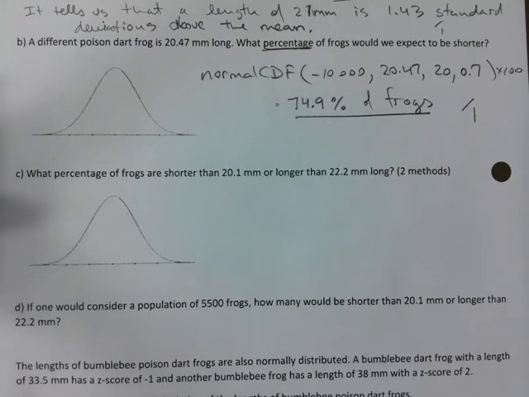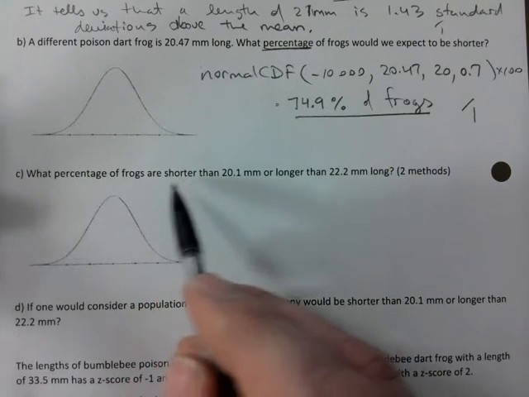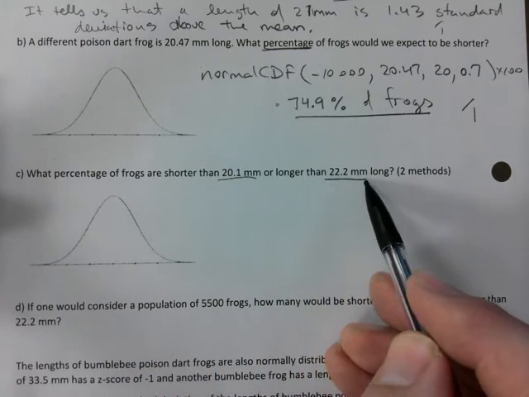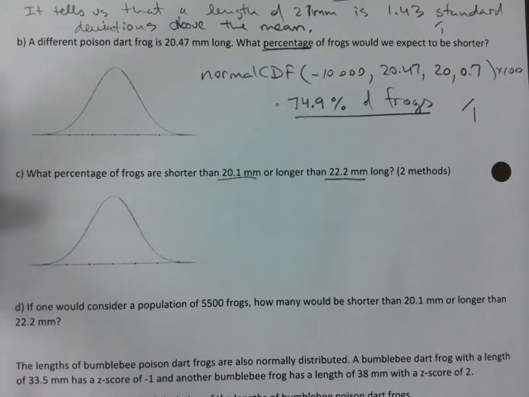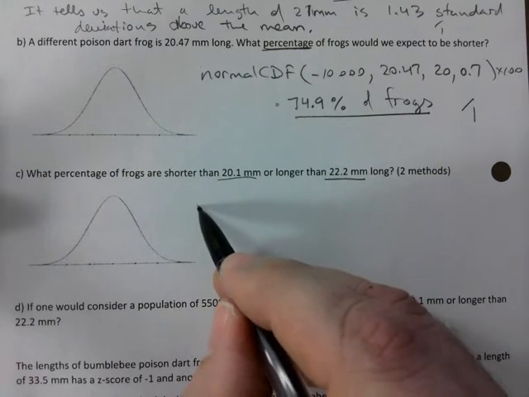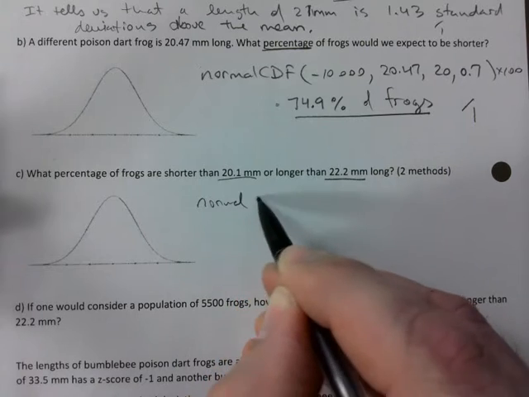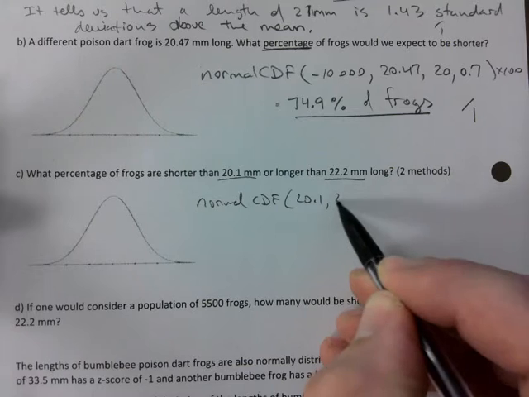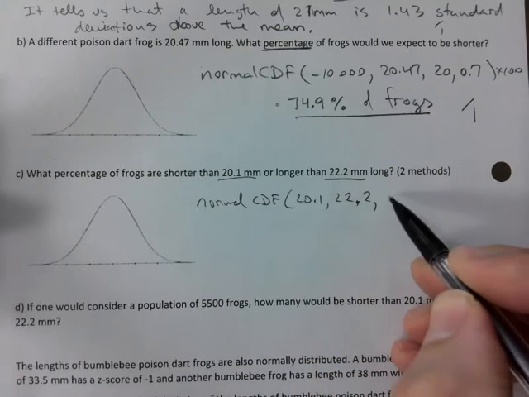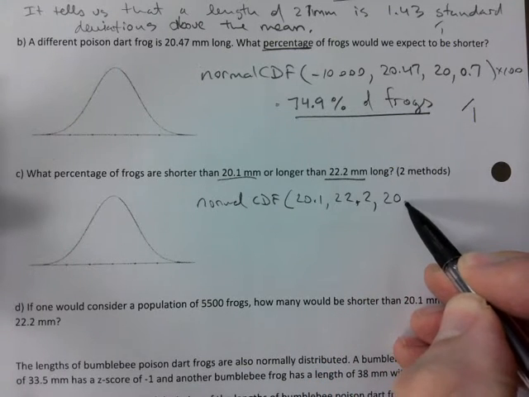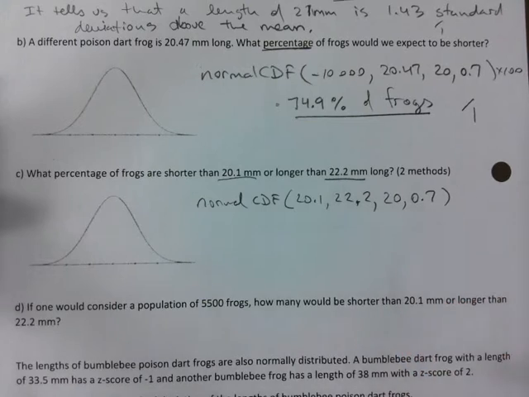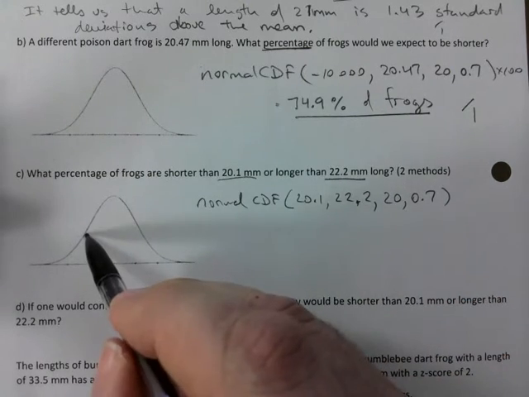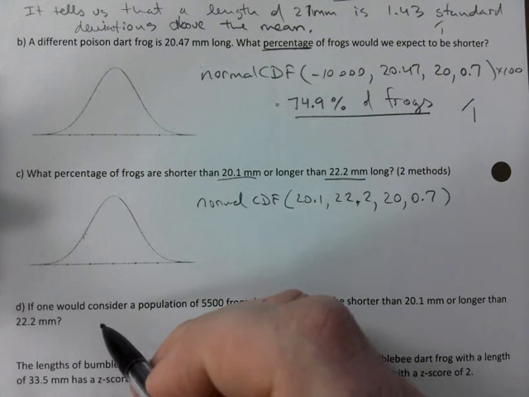See what percentage of frogs are shorter than this or longer than that. There are 2 methods of doing it. Whichever one you chose, you get the same answer. So normal CDF, I like things to go faster, okay? So I'm going to use this method, right? I'm going to figure out approximately, let me just give you a visual here.